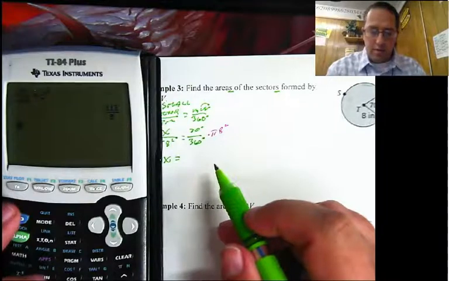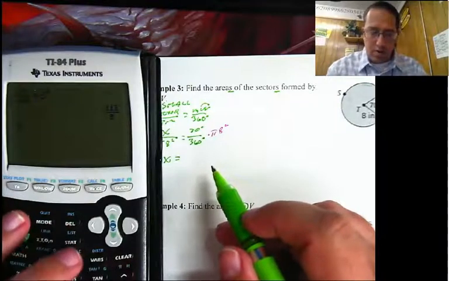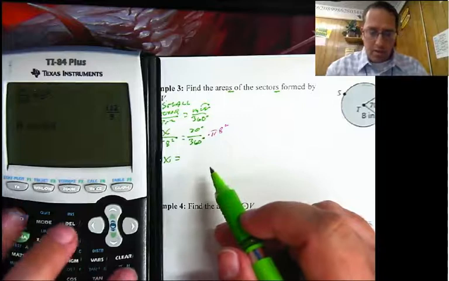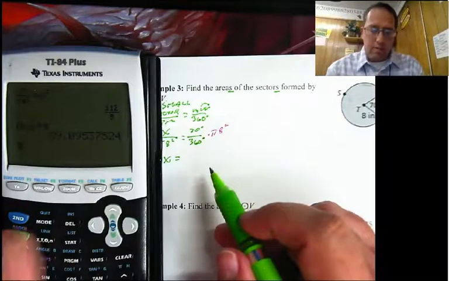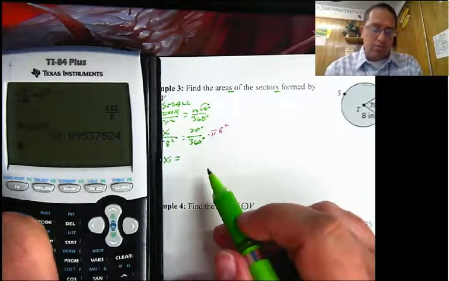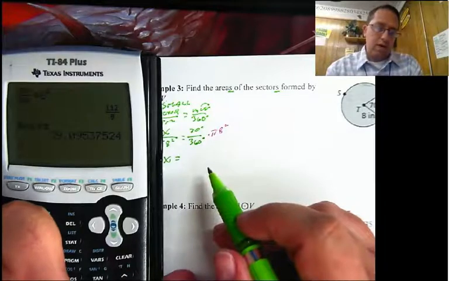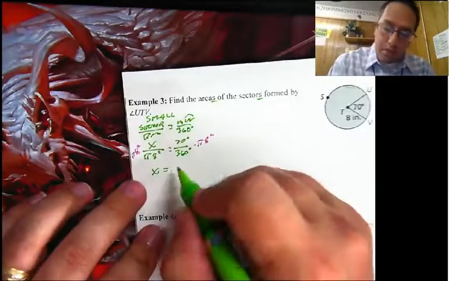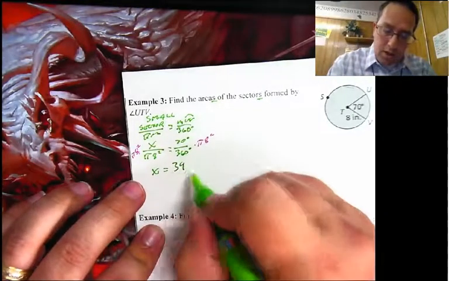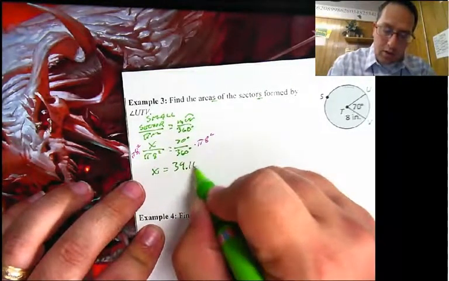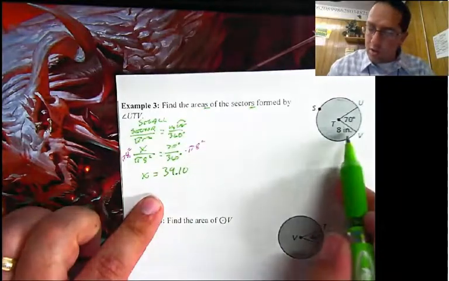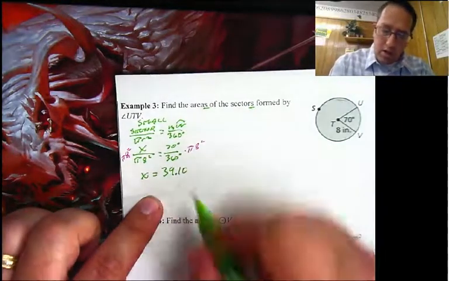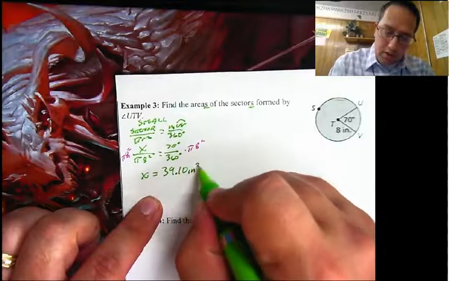That's not going to be very pretty, so we're just going to go ahead and multiply the whole thing times pi. There we go. 39.095, so that's going to be approximately 39.10. Our units are inches, and we want area, so this is going to be inches squared.